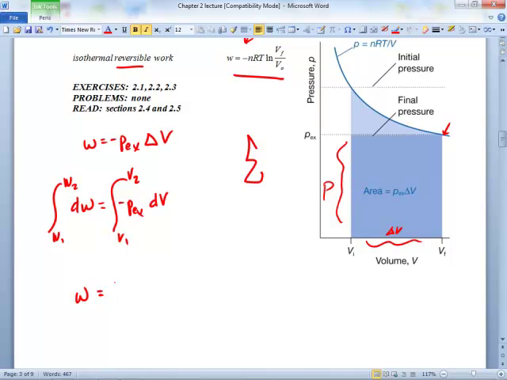Now, we want to do this integral. Can I pull the P out of the integral? You have to always ask yourself this before you pull something out of an integral. Does P depend on volume? Because if it doesn't, you can pull it out. Does P depend on volume?